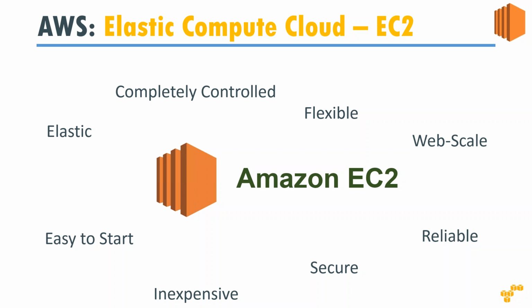It takes 1 or 2 minutes at the max, and you can start using the machine as soon as possible. So the time to start your environment and your time to go to market is going to be completely compressed when you're talking about Amazon EC2, because everything is blazingly fast, and you should be able to set up your environment in hours rather than the weeks or months that it takes in an on-premise environment.